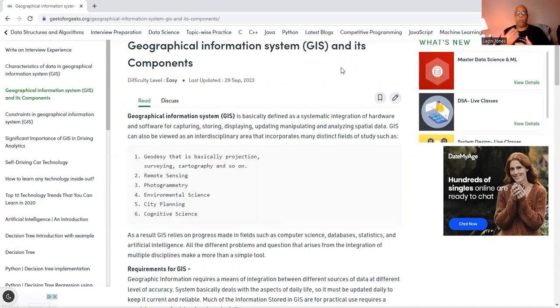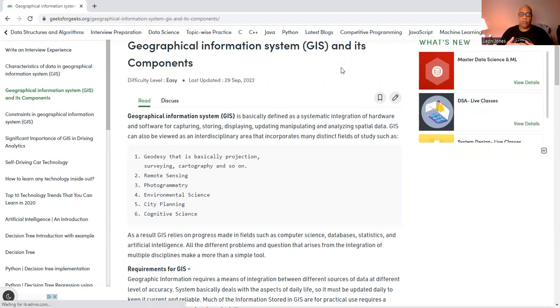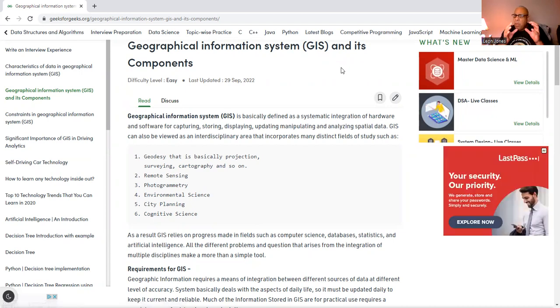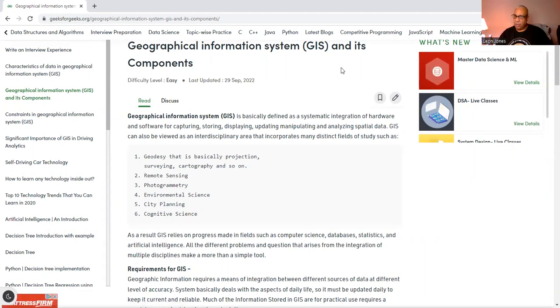Now, when we talk about geographical information systems, in IT, there's management information systems, there's information systems, and there's geographical. When we mention the word geo, what are we talking about? We talk about geotechnical, geological. We're dealing with the earth.